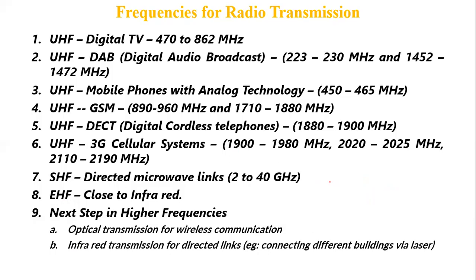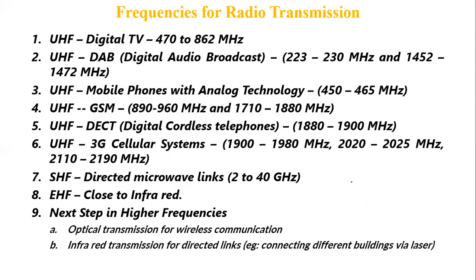Air is the media, and everybody cannot work in the same frequency. If everybody works in the same frequency, then there will be a lot of interference, and whatever the sender wants to send cannot be received by the receiver.